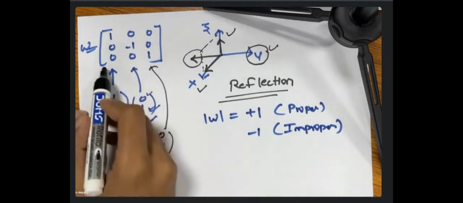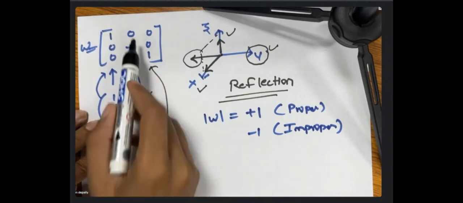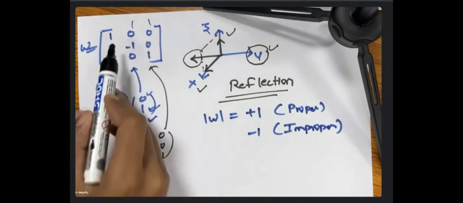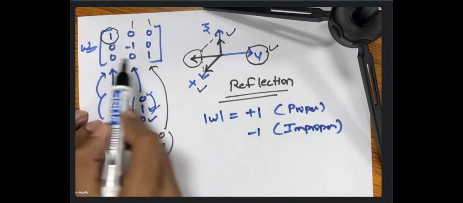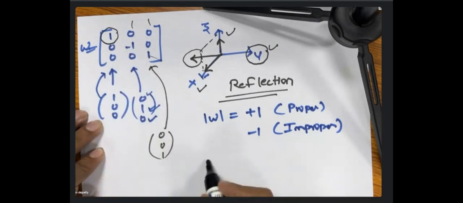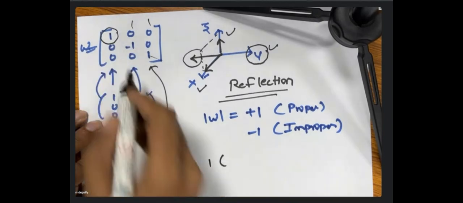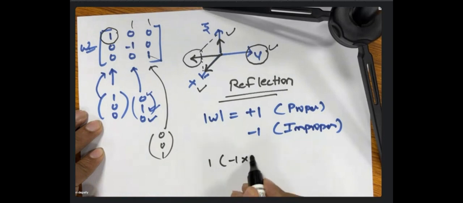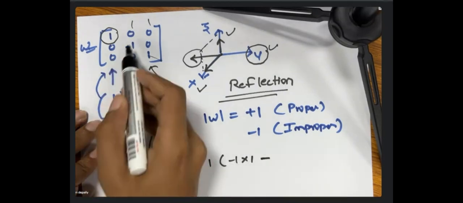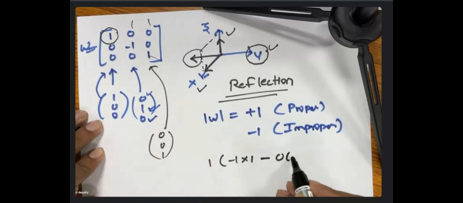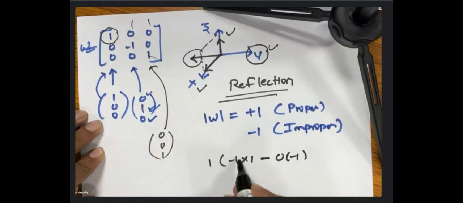Okay, so let's try to find its determinant. It's very easy. One remaining two columns will be 0 only, so we have to multiply 1 with the simple multiplication there: minus 1 times 1, minus of 0 times 0. So we will get 1 multiplied by minus 1, and the rest will be 0.